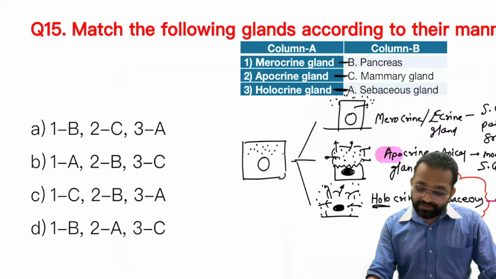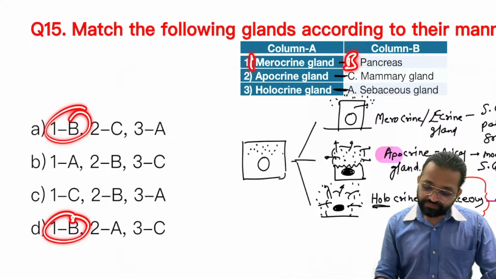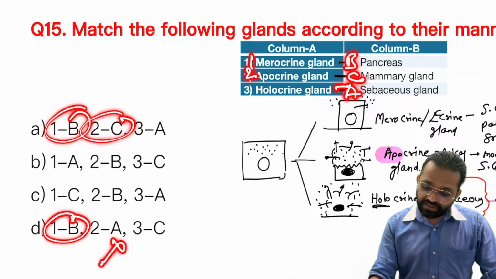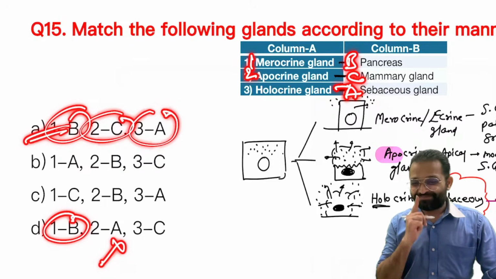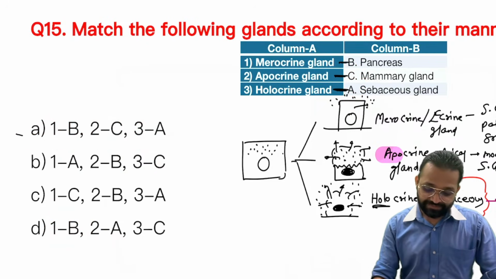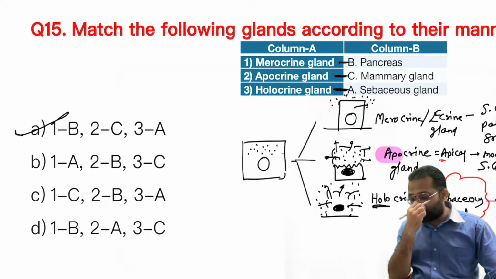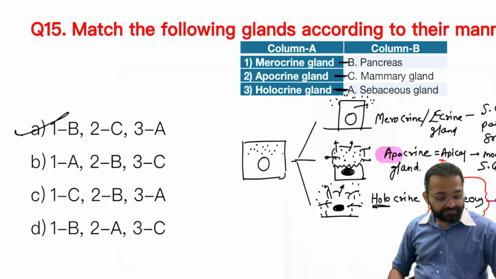So it is 1B, 2C, 3A. So according to it, the answer is A. Are you getting? Answer is A. So remember, look how they are giving the numbers also. Just one twist in this question.